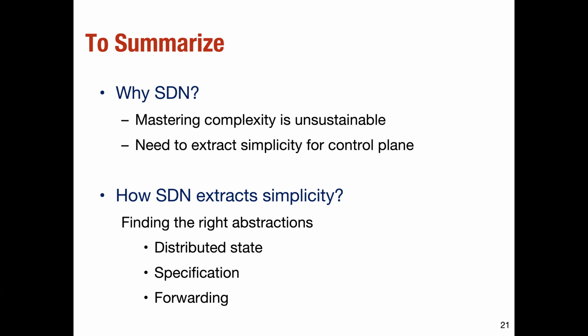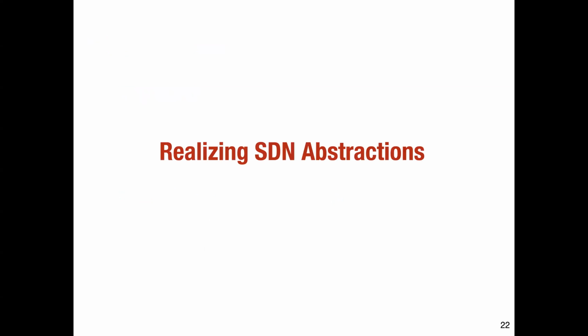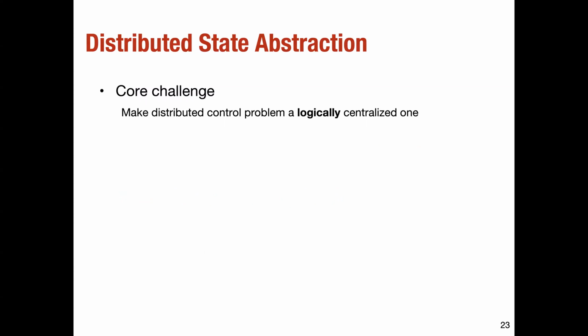One important question that we still need to answer is how these abstractions can actually be enabled, right? So how are we going to realize these SDN abstractions? Let's go one abstraction at a time, starting with the distributed state abstraction. The core challenge in realizing the distributed state abstraction is that this is a distributed control problem, because you have to make decisions at router A, router B, router C. But we have to logically centralize it, right?